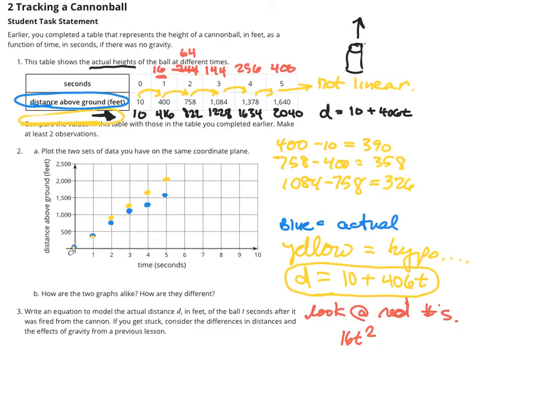So now for this blue actual, we just need to subtract everything that's written in red. So my distance is going to be my linear part. Super cool. The linear part of my equation minus 16t squared, because that is all of the stuff that is in red in the table.